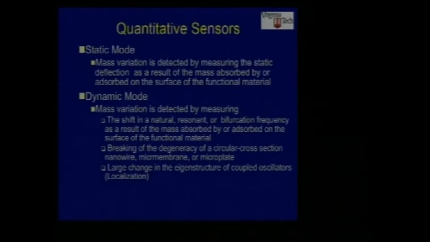But the major point is you are not looking for the shift in the frequency, but you are looking over the mode shapes, because you would have a large difference in the mode shapes. The energy could be in one beam, say, if two beams, or in the other one, so that you have a very large change for a very small mass which is added, and that will be very attractive for mass sensing.